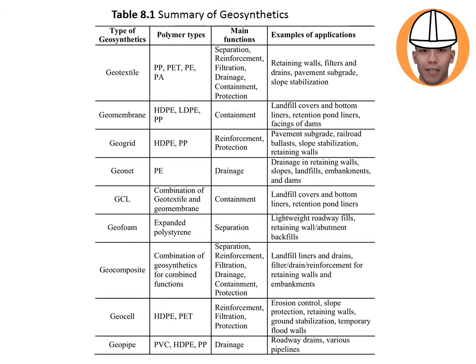Geocomposite also has 6. So basically the geocomposite tries to get every advantage from the other materials, or rather from the other geosynthetics. And then we have geocell and geopipe.